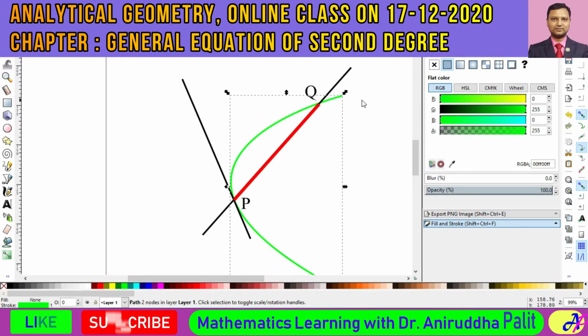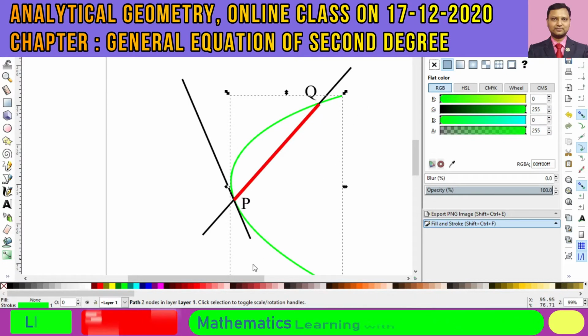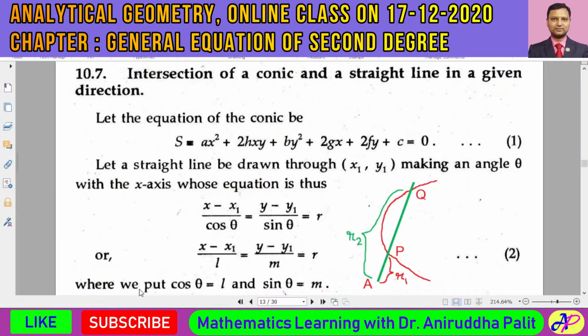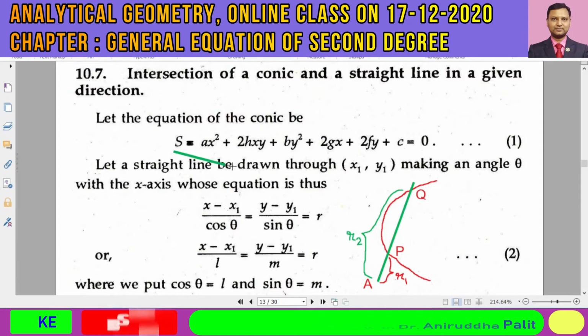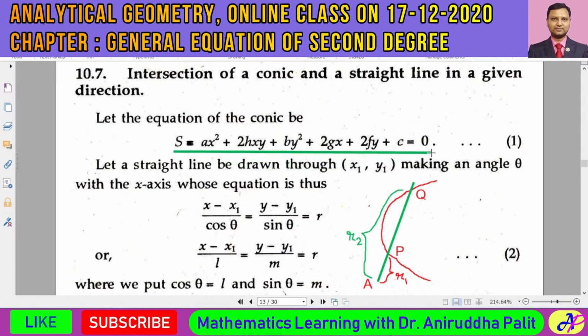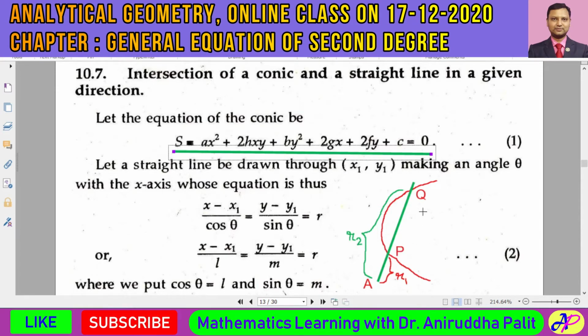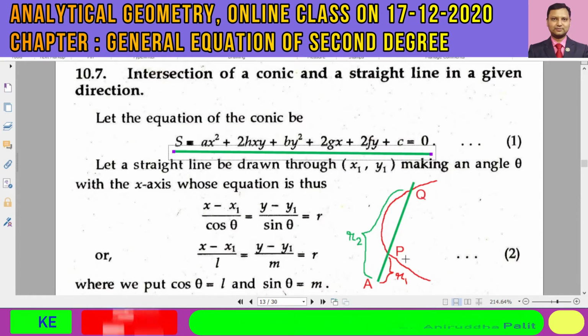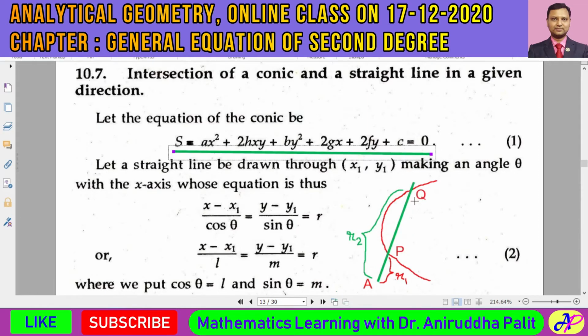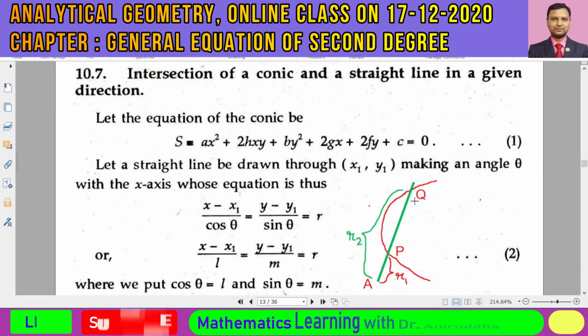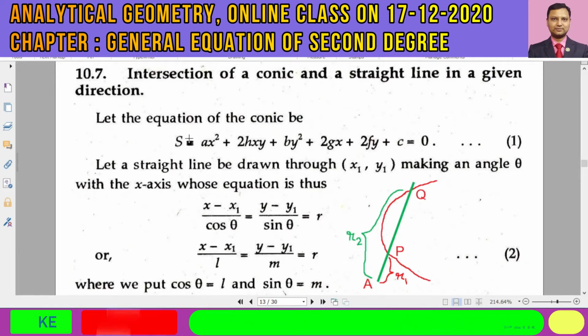The answer is, if the curve is given by a second degree equation, we shall prove that we may have at most 2 points of intersection. One is the point P, another is the point Q. No third point of intersection is there when the equation of the curve is given by a general equation of second degree.